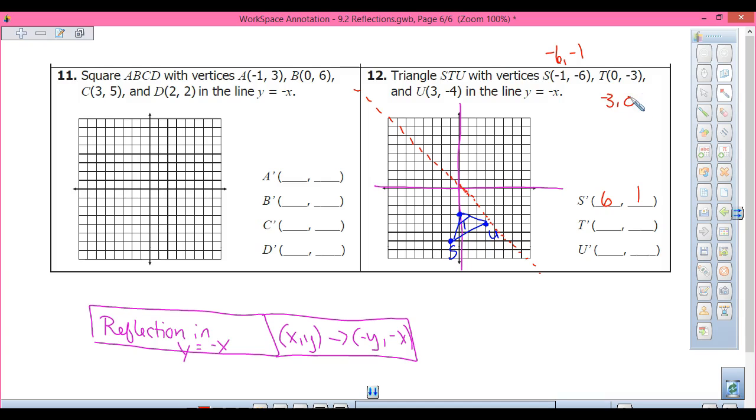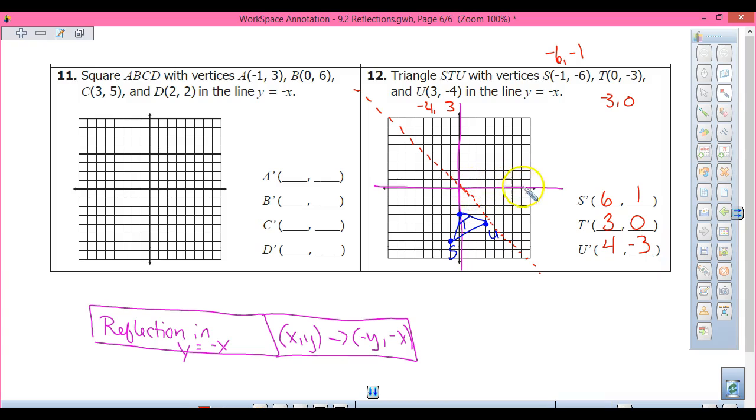And then I have to make them negative, so it turns into +3, 0. And if I flip you, it's -4, 3, but I have to make them both negative, so it turns into +4, -3.